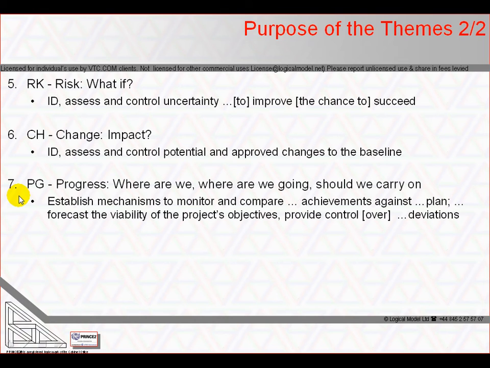Monitoring and reporting status maintains the reliability of plans as a basis to determine whether and how the project should proceed. The roles, processes and themes embrace 7 principles as described in Chapter 2 and our next set of topics.